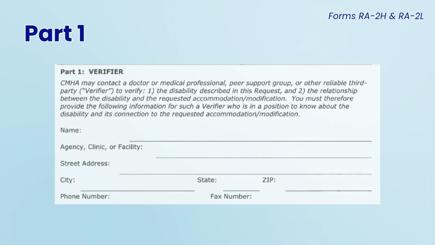Part 1 of the Authorization for Information form is where you provide information about the verifier. This is a doctor, medical professional, peer support group, or other reliable third party who can verify the disability and its connection to the requested accommodation.